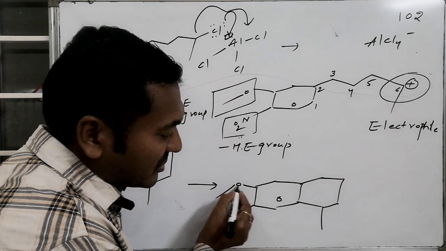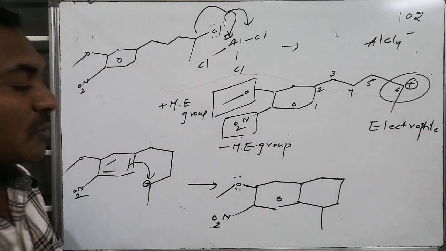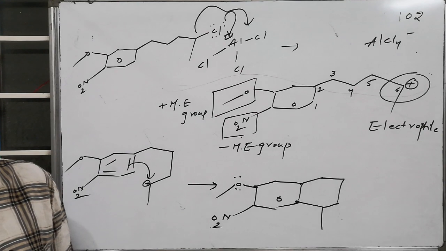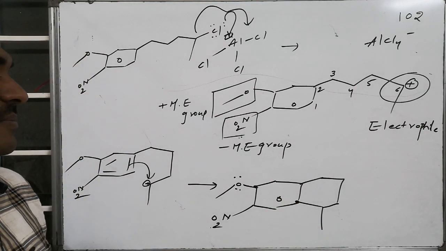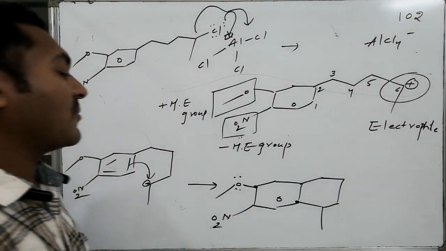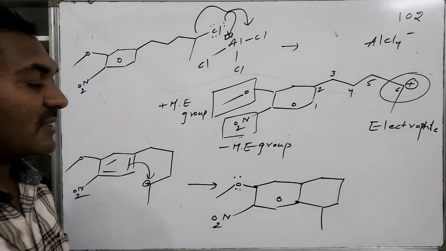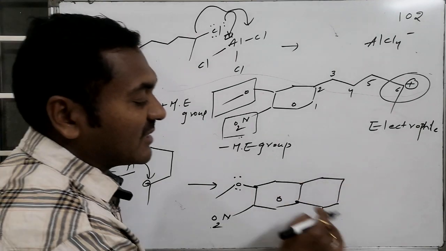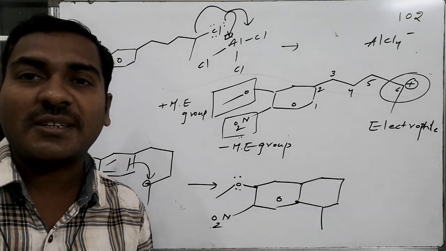Thus from the para position to the methyl, because it is an ortho para directing group, this becomes the para position. This cation makes a substitution by replacing the hydrogen, as in the Friedel-Crafts alkylation reaction, resulting in the formation of 6 and 6. One of them is benzene, the other is cyclohexane. Benzene is associated with nitro followed by methoxy, whereas the 6-member ring is associated with what? Methyl group. Thus substitution takes place.